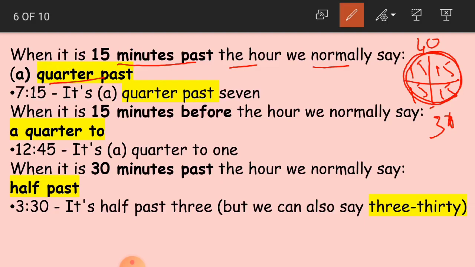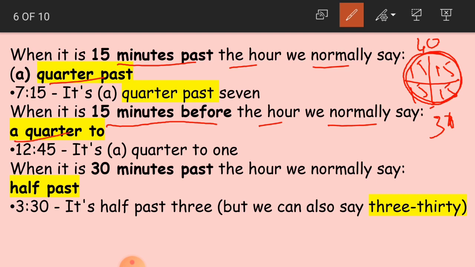Okay children, here see, it is 7:15, it's a quarter past 7. You can use A if you want, or there is no necessity also. It's quarter past 7. And when it is 15 minutes before the hour, we normally say a quarter to.